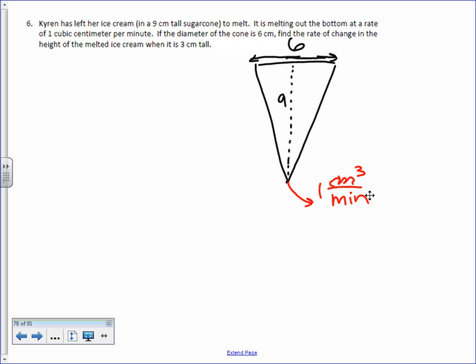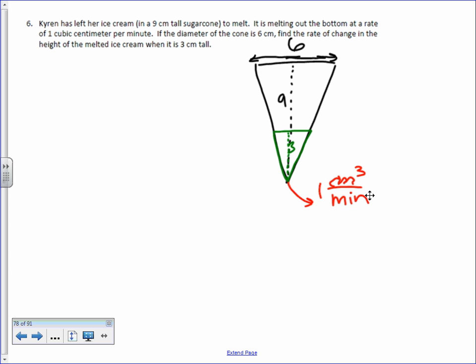Find the rate of change in the height of the melted ice cream when it is 3 centimeters tall. So we've got some ice cream here in our cone. Like right here, here's our ice cream in our cone. And we want to find the rate of change in the height of this melted ice cream when it is 3 centimeters tall. So this right here, this dotted line in green, is 3.